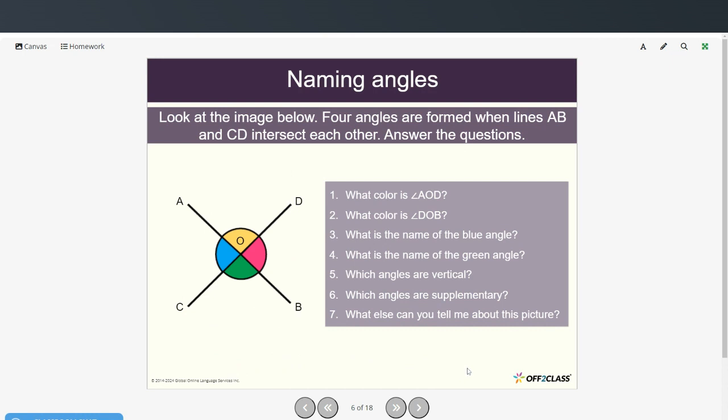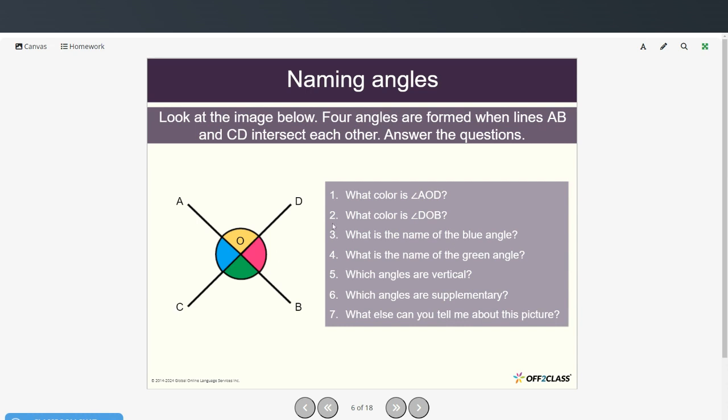Alright, so we're going to look at the image below, and 4 angles are formed where lines AB and line CD intersect. So we want to answer the questions. What color is angle AOD? Well, angle AOD is this angle, so it is yellow.